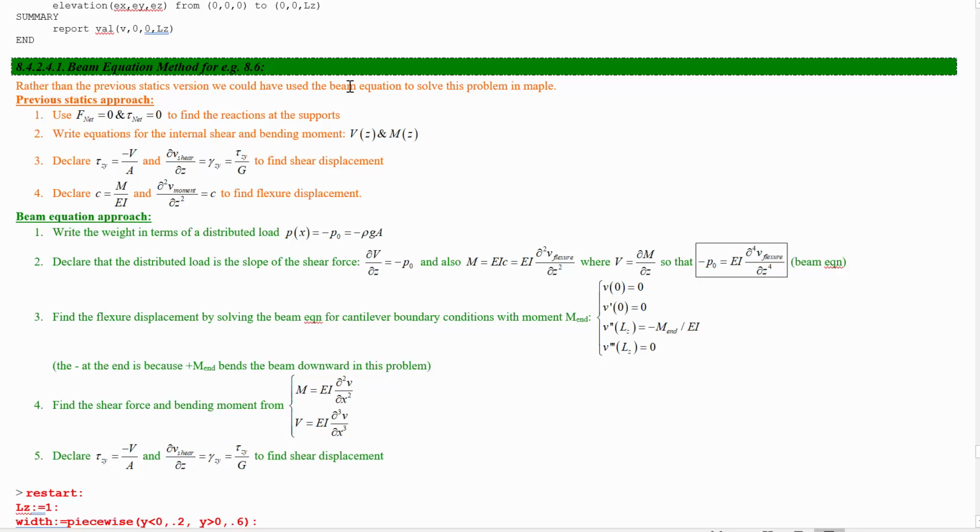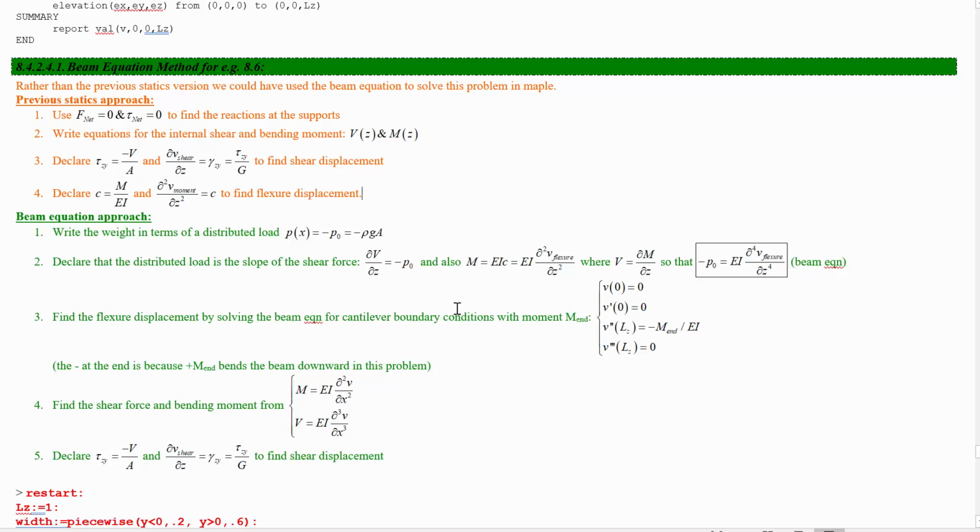And then we could work out what the shear stress and deformation was and the curvature was by our elasticity relations from last week and this week to find out the total displacement.